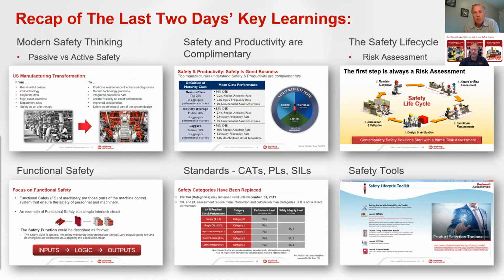We looked at the whole transformation of safety, safety being an integral part of the design process now, rather than an afterthought. We covered safety productivity, where doing safety in a modern, smart approach provides us with the opportunity to be safe and productive at the same time.